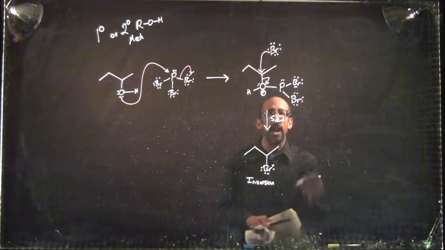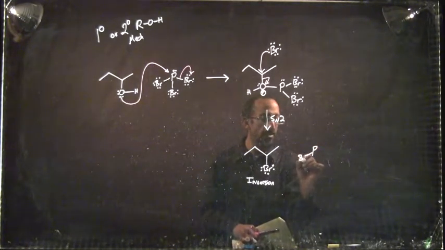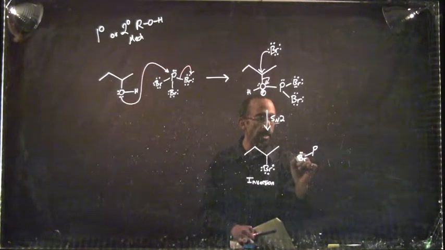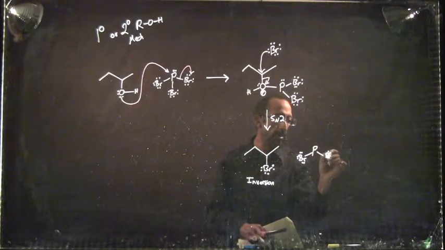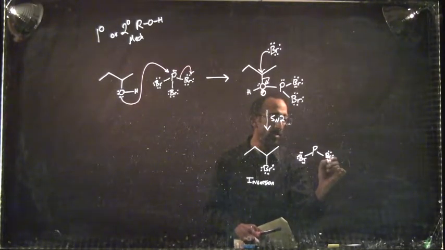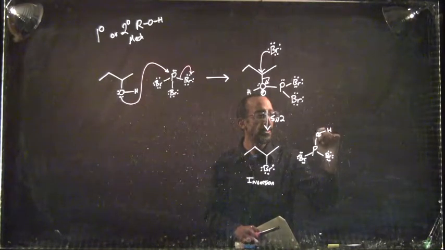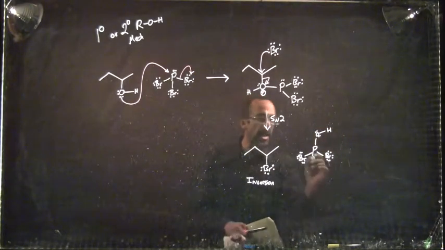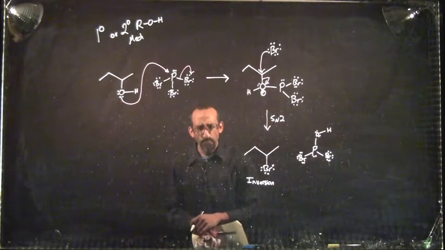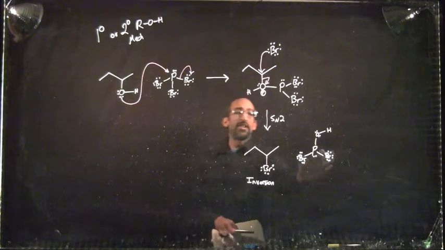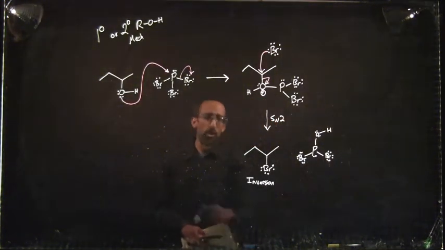And the byproduct that I need you to know is phosphorus with 2 bromines and an OH group. Here now phosphorus only has 3 bonds, so it needs to have a lone pair on it as well. We can see that there are still 2 more bromines on this phosphorus. This process can repeat 2 more times.